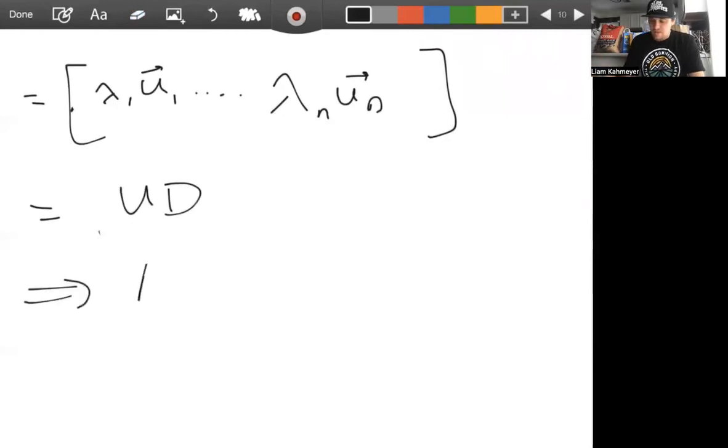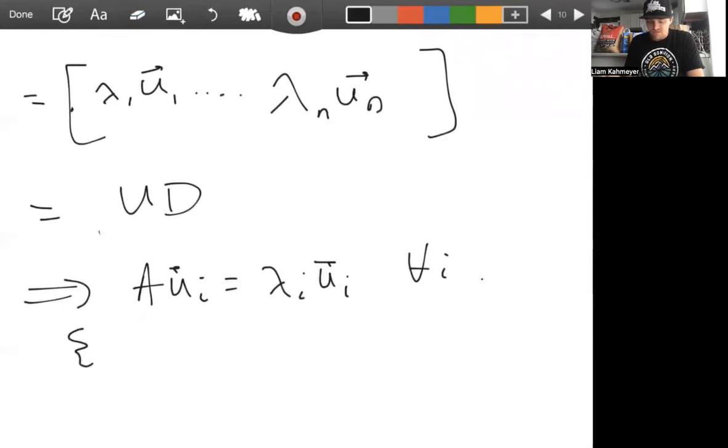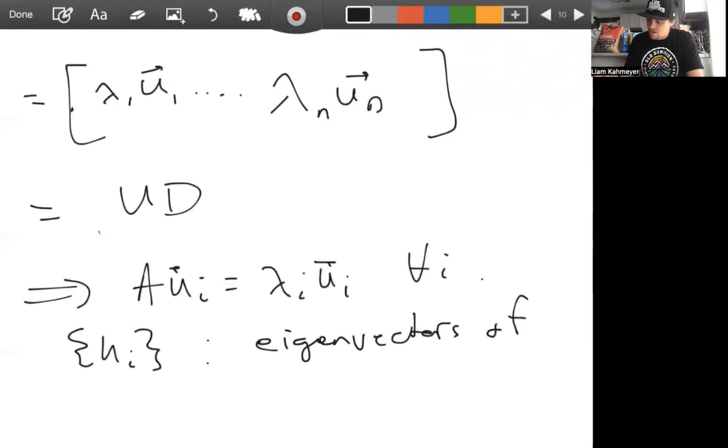Well, this means that AUI is equal to lambda I UI for all I. And moreover, we have that this collection UI are the eigenvectors of A.